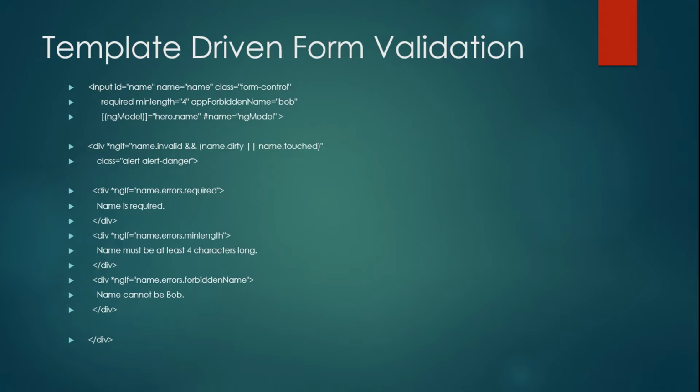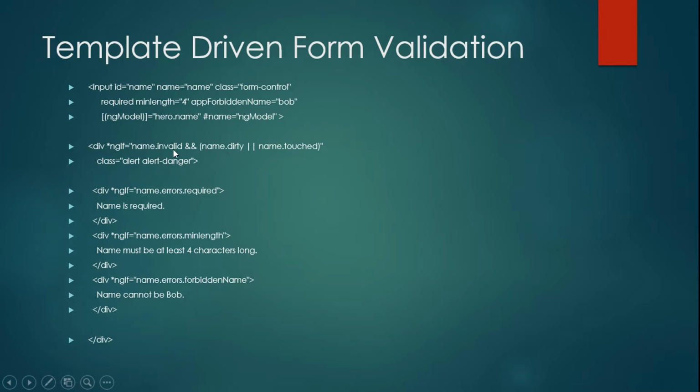So how do we access those validator properties? We do that by exporting the ngModel directive to a template reference. In this case we export it with the name template reference, so that ngModel implements abstract control, and the abstract control class provides the validator properties, which we can access through the template reference.